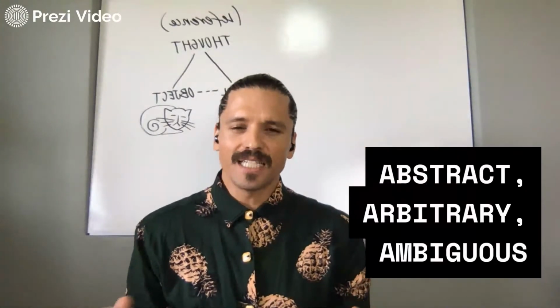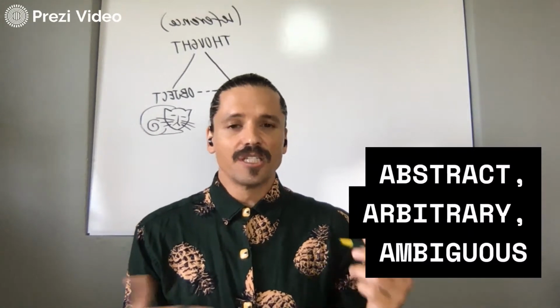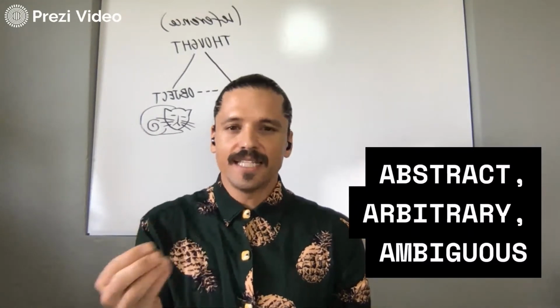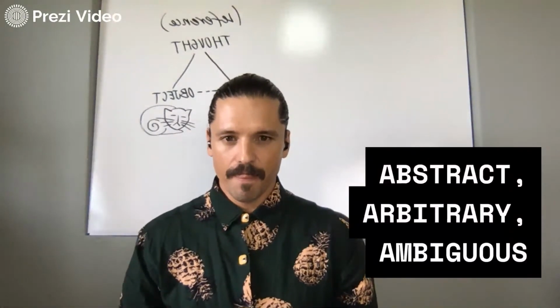The word pen doesn't look like a pen. If you think of an abstract artwork or painting, if it looks like a tree and you say that's a painting of a tree, then it is usually not an abstract painting.